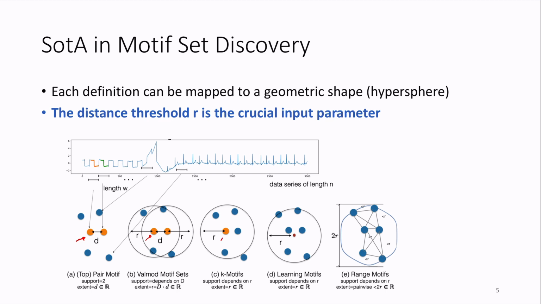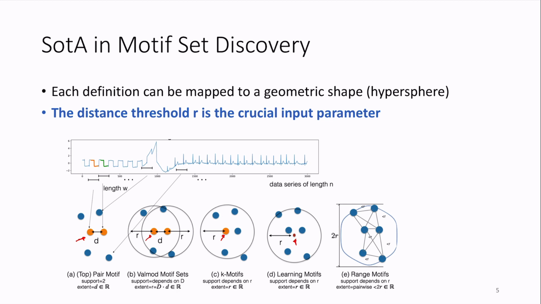Here again, we have an existing subsequence and look for all subsequences within a radius of r, which basically equals a circular shape. We can relax the constraint that we only use existing subsequences as centers of this hypersphere to using any point in space and doing a radius r search.